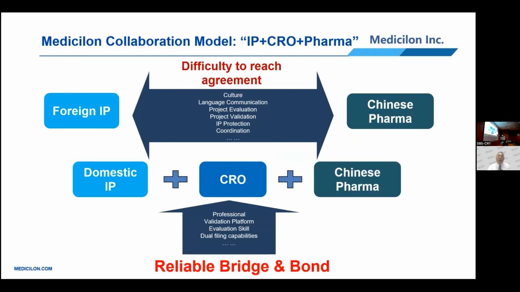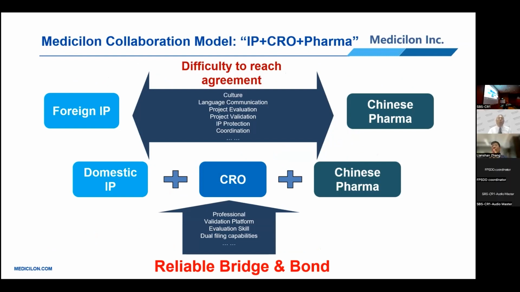Okay, so finally, I have 2 slides that promote this team cooperation. We know several professors have good drug candidates, right? I even saw one prodrug that already got a clinical trial or approval. You can come into China. So we propose what we call IP, a CRO, and a Chinese pharma working together.